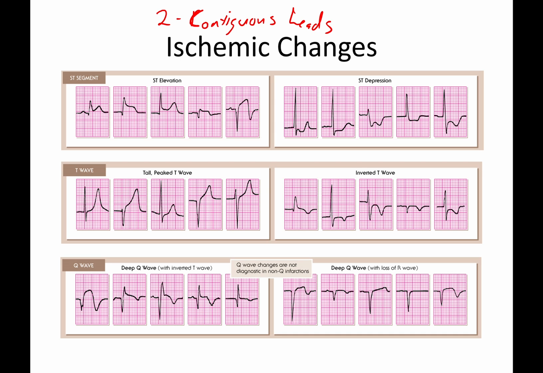If you just have it in one lead, that's probably a fluke. It may just be lead placement. If it's in 2 and or 3 leads, it really sells that picture or sells that idea.